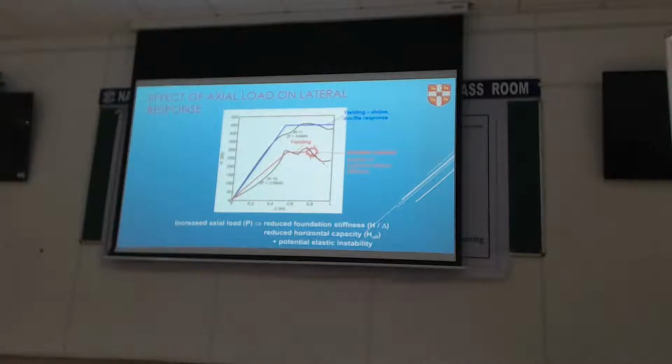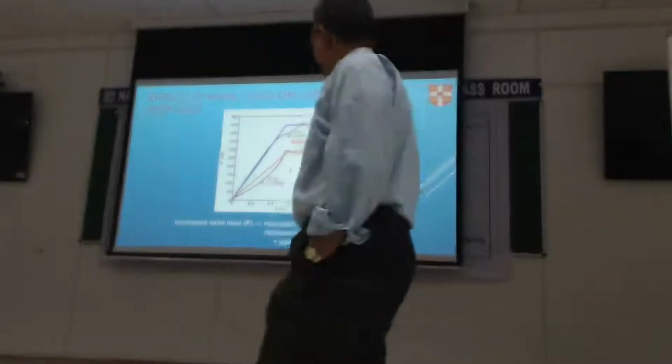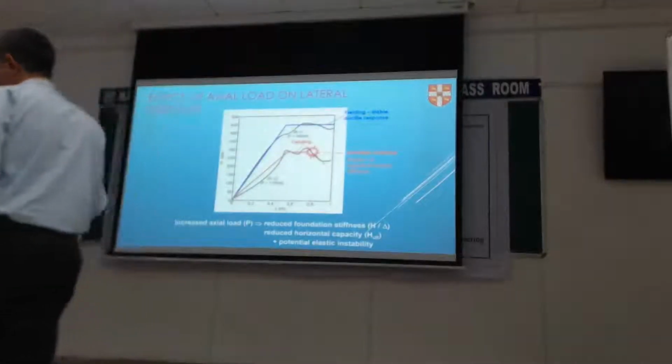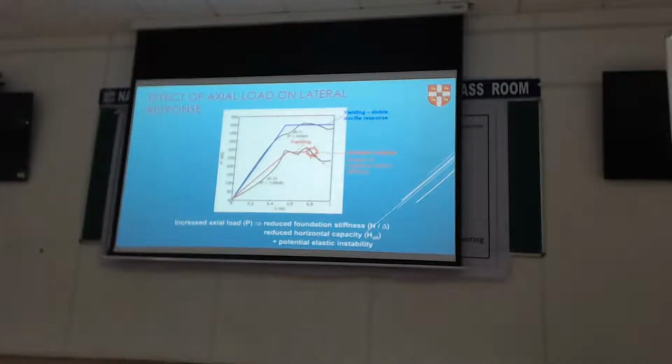Another way to explain this story is by plotting the traditional horizontal force versus horizontal displacement plot and see why in some cases you get buckling and in other cases you don't.